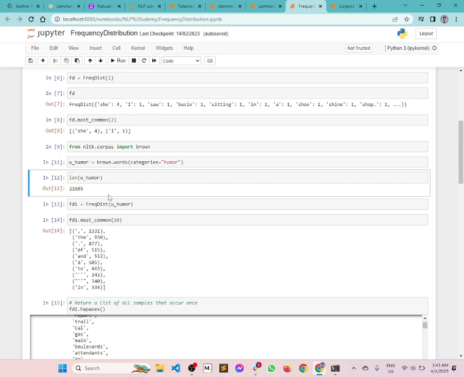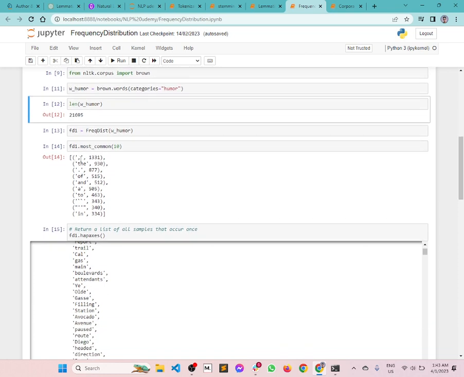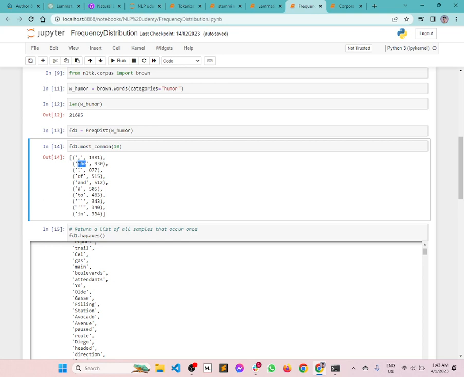If we find the frequency distribution and the topmost words, we get that the comma occurs 1331 times. Then 'the' occurs 930 times, and so on for the other words in the humor category.